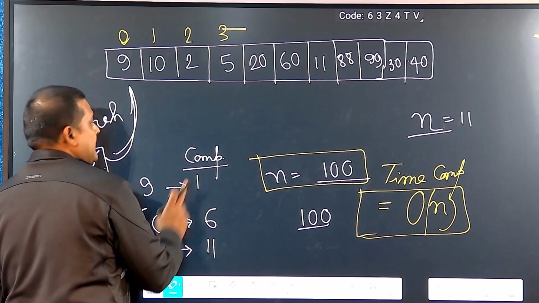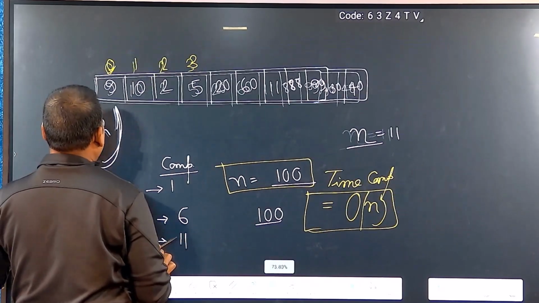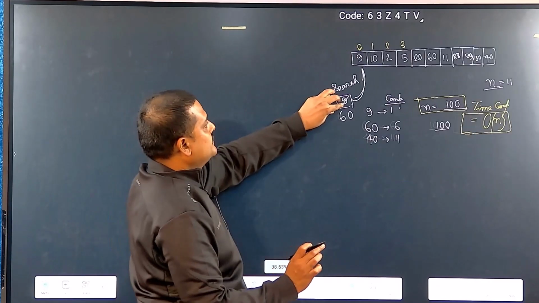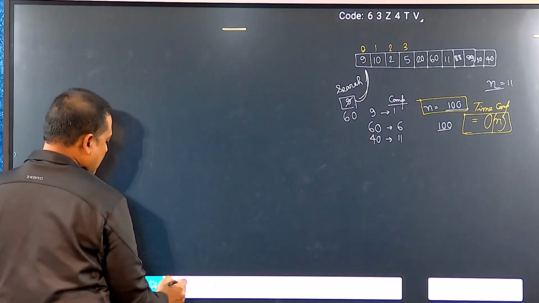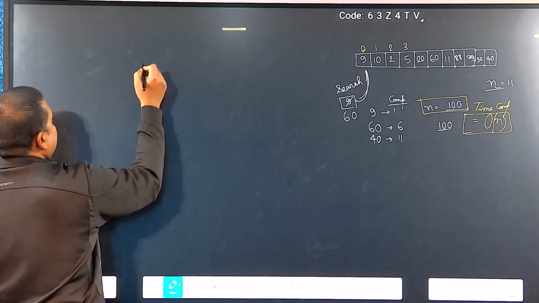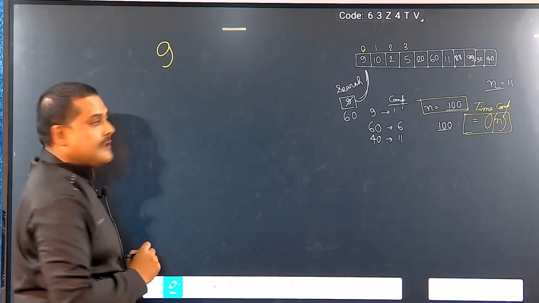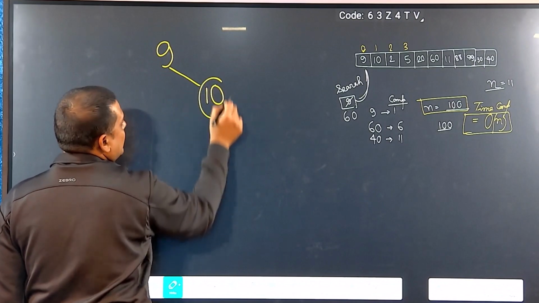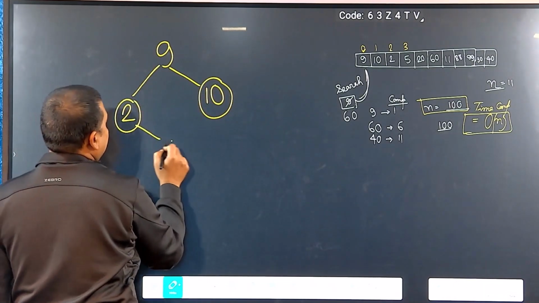Now, if we try to arrange these elements, so these are my elements. What element do we have? 9. What we are trying to do, we are storing 9 here, the first element, and then 10 here, then 2 here, 5 here.